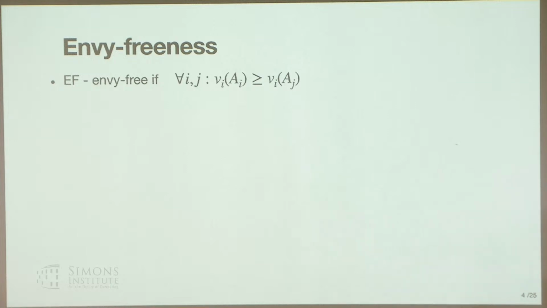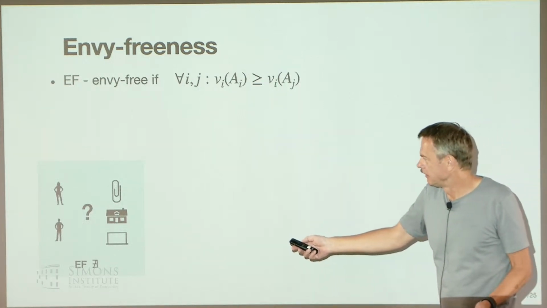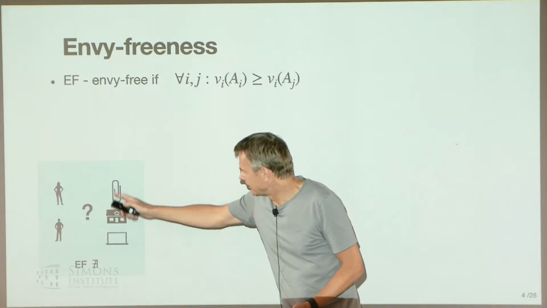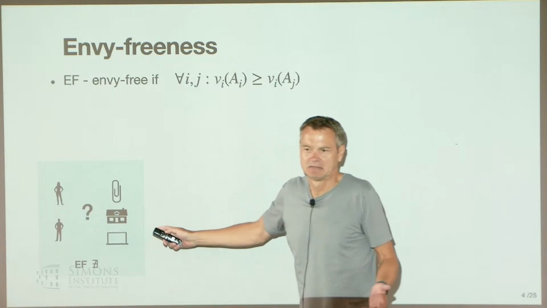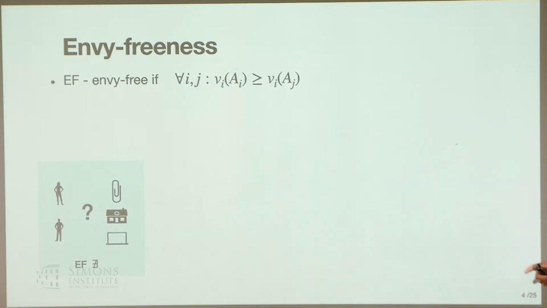This would be the ideal solution. If we could find an allocation which is envy-free, then basically we are pretty happy. But already in our trivial example, such an allocation doesn't exist, because whenever an agent receives the house, the other agent will envy, even if they got both the paperclip and the laptop.